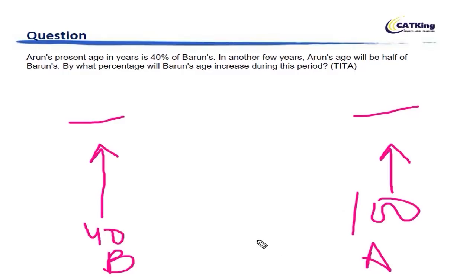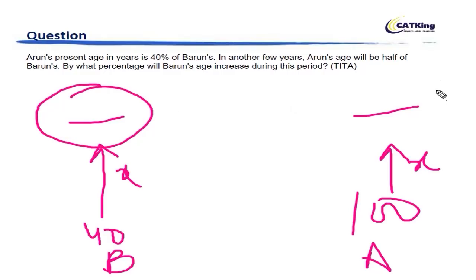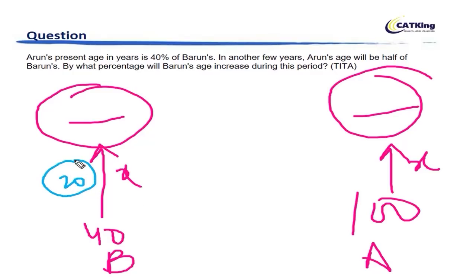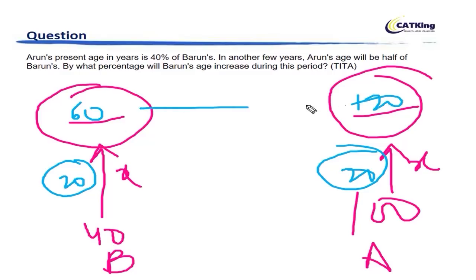So is it very difficult to think what should you add here so that this number is half of this number, right? It's a no-brainer to say that if you add 20 here and you add 20 here, this becomes 60 and this becomes 120, right? So this becomes double. Now what is the percentage increase from here to here?